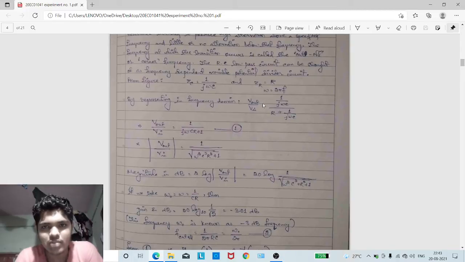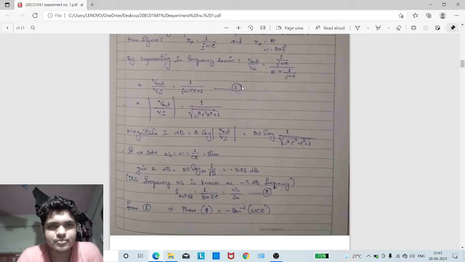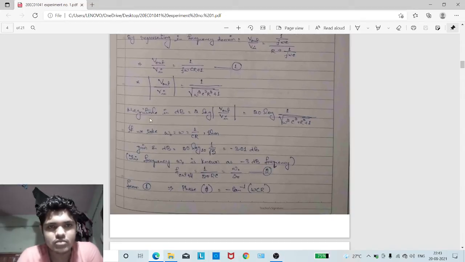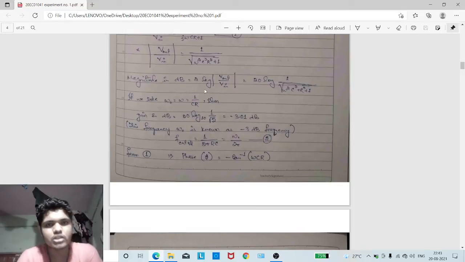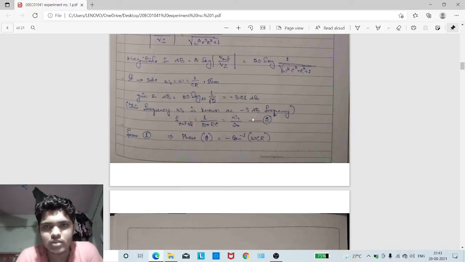Here we have the ratio of V out divided by V in, and the formula is reduced, and we get this formula. We know that dB will be equal to 20 log of the modulus of V out by V in, and here we got the formula for dB, 20 log 1 by root over omega square C square R square plus 1.